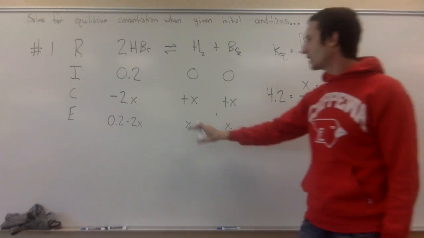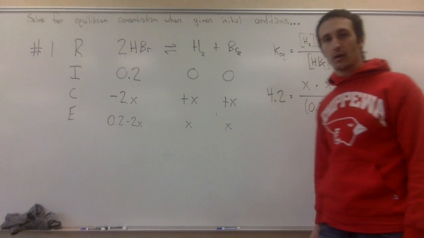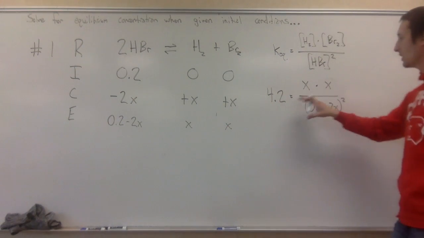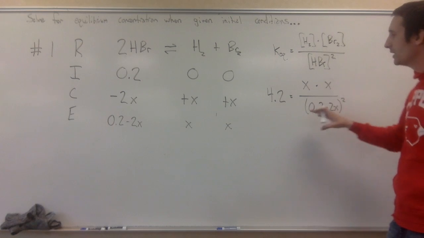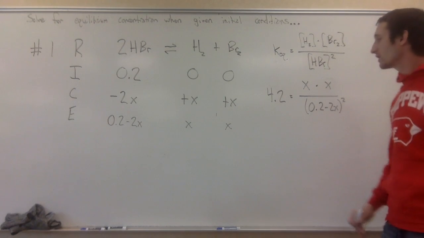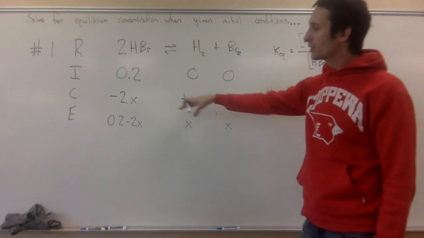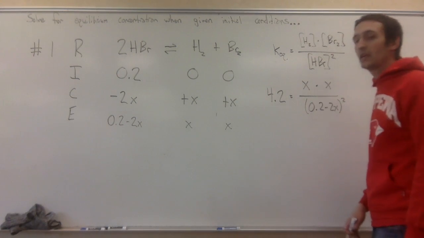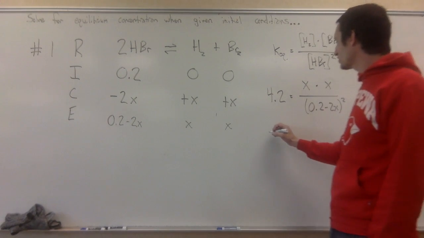So really all I've done is a simple substitution, right? So I've got this equation. Now, this is really just an algebra problem. I can solve for x. If you can do that algebra, then we can find out what x is, and plug it back in to determine those equilibrium concentrations. Let me simplify this a little bit.